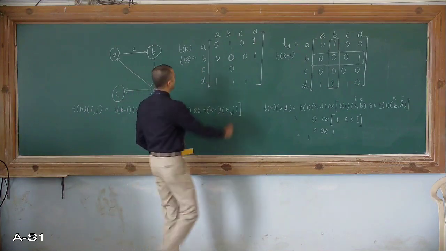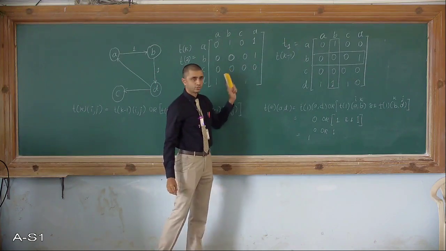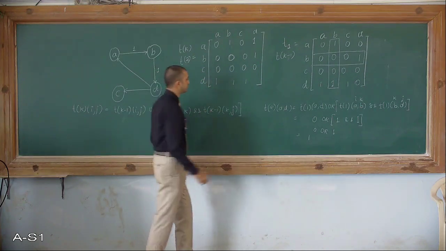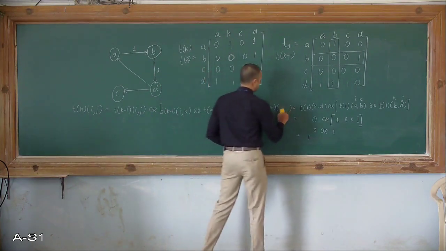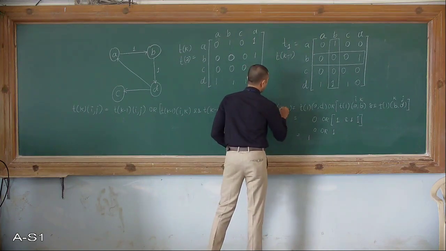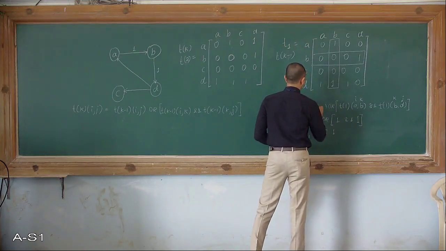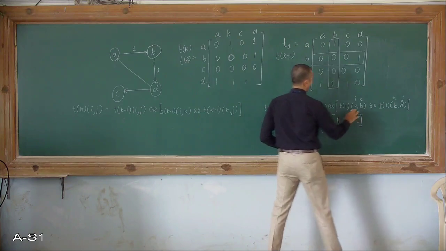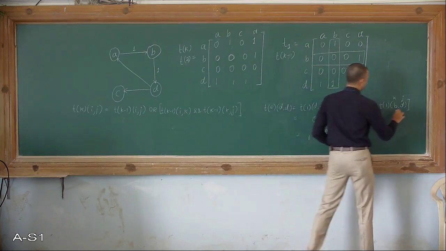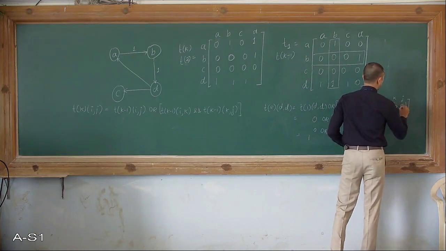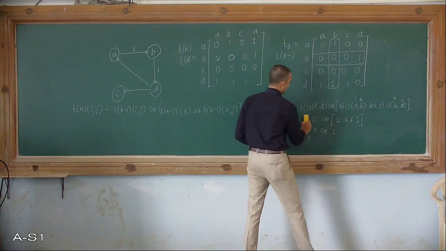All these are going to be zeros. This is going to be 0. You can calculate it using that formula. The next one, D to D. Let's find out if I can have D to D using an intermediate vertex B. So T1 D to D, or my intermediate vertex K is going to be B. So I will be D, J will be D. Intermediate vertex K is B. Let's calculate this.